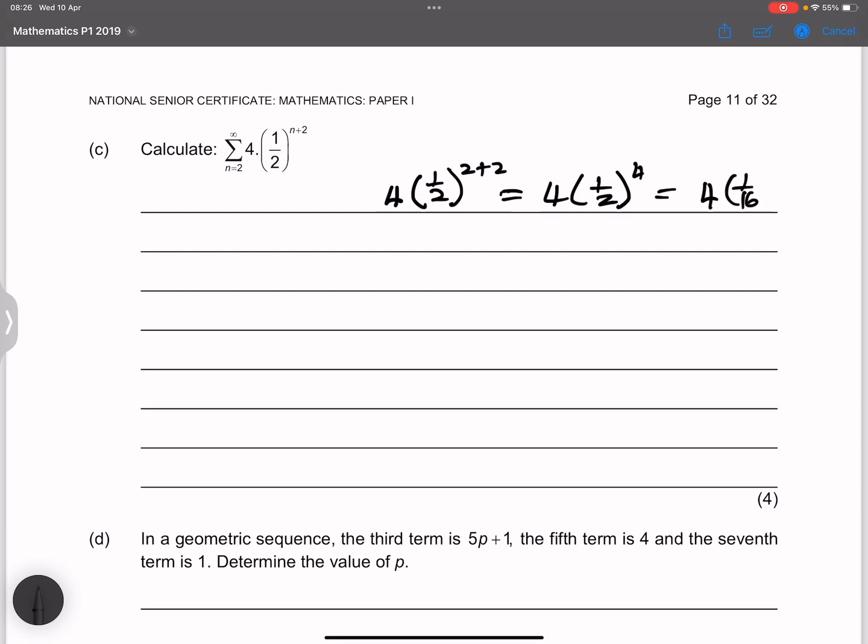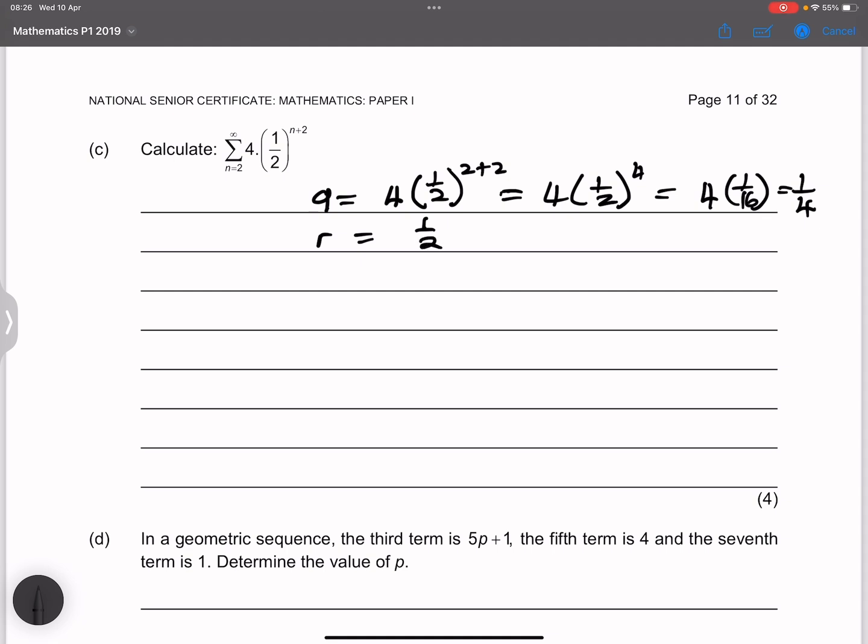Now, if I did this for the first 3 terms, I can already see that I'm going to increment n by 1 every time, which means that my common ratio will be 1 over 2. So my a value, 4 over 16, that's 1 over 4. So this is our a value, and our r is 1 over 2.